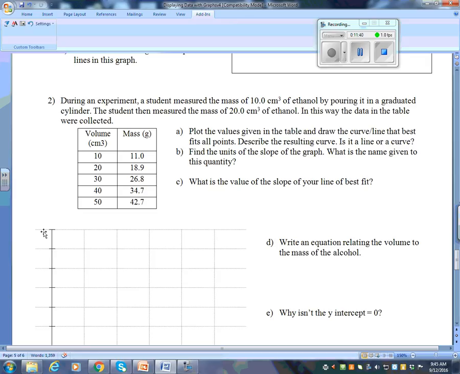How come one of these is straight, one of these is curved? Do you guys notice he doesn't describe it? Is it a line or a curve?